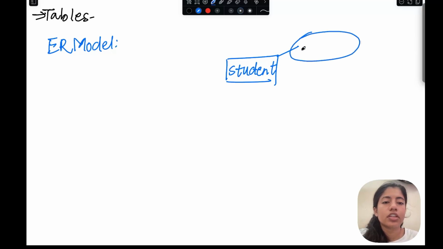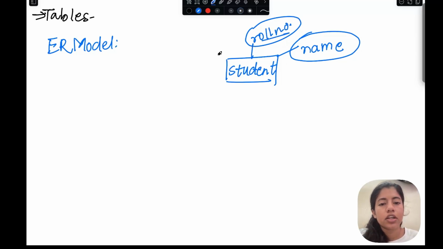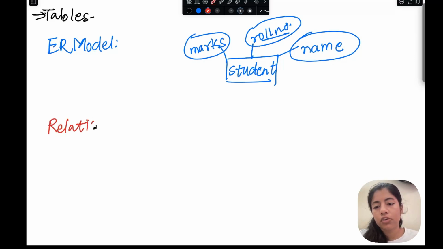I can have a name, a roll number as the primary key, and some marks, right? Let us keep it simple and talk about these three attributes only. Now I want to convert this into a relational model.